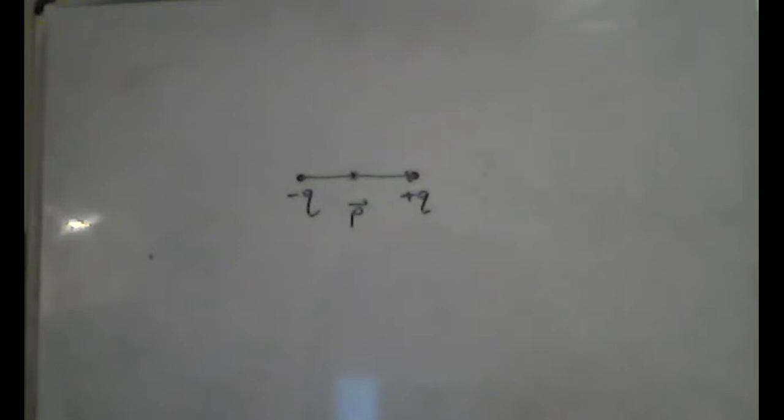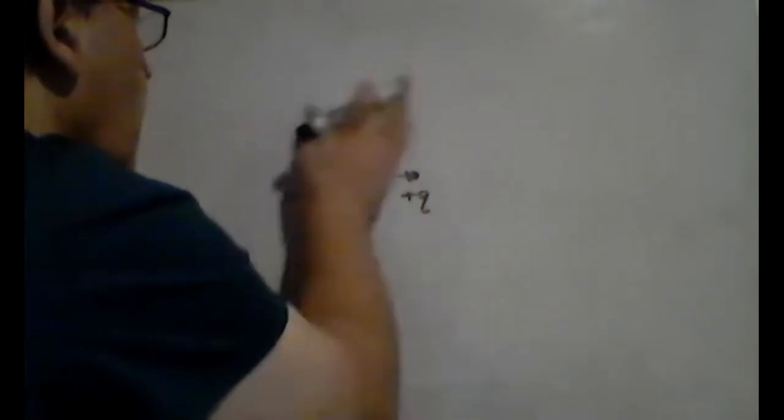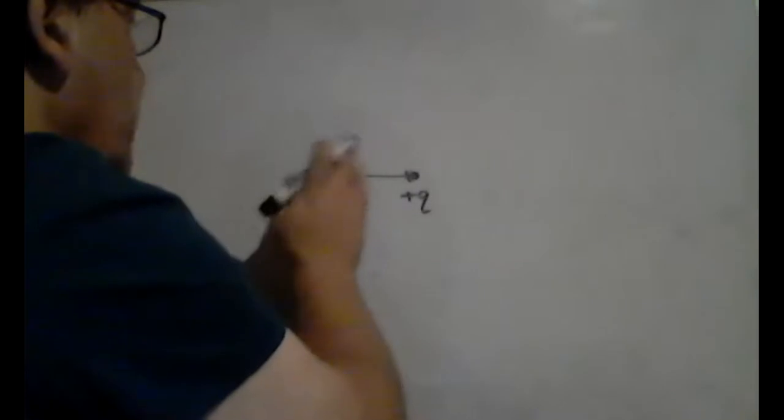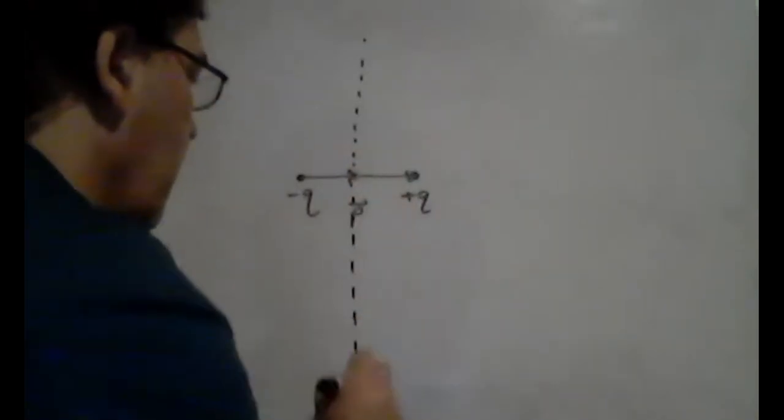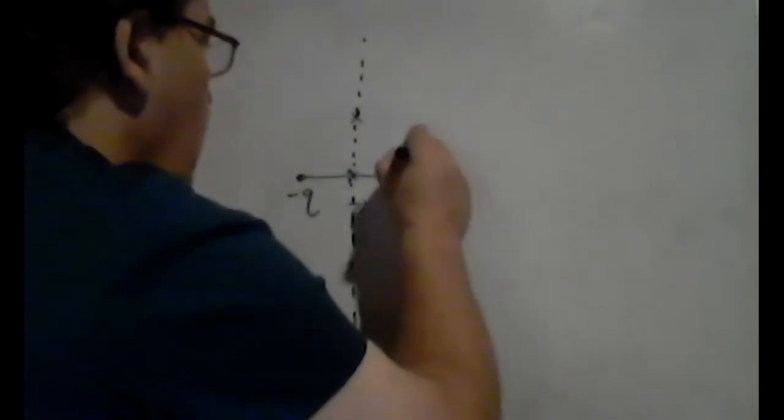Now I'm being asked the following question. Let's pick a point along the vertical. Where do I think the electric field is going to go? So let's see here. Let's pick a point here. If I imagine there being a positive test charge at that location, I would expect there to be repulsion here.